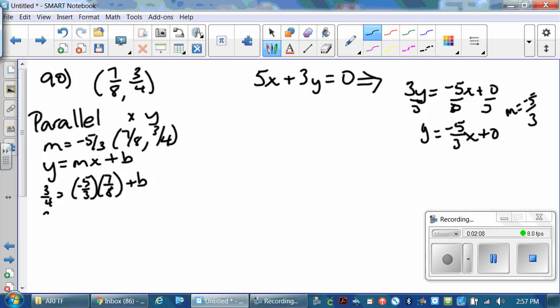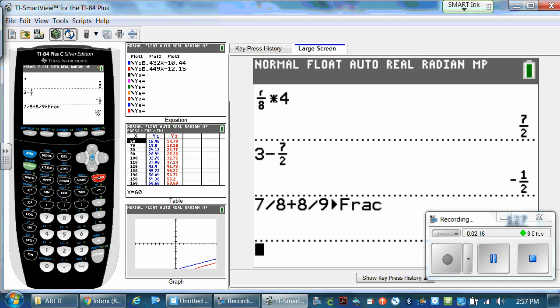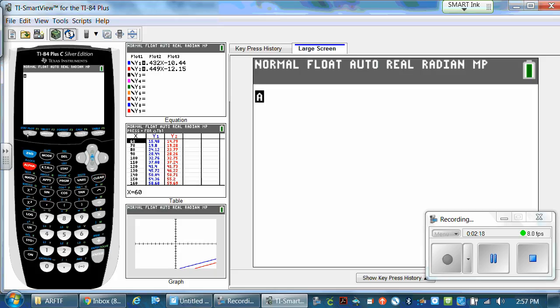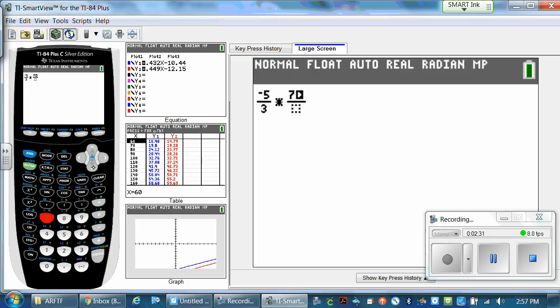So that would be 3/4 equals, pull up my calculator here, negative 5/3 times 7/8, and I find out that negative 5/3 times 7/8 is negative 35/24.